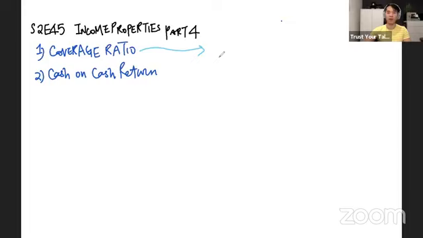And so, first of all, giving you the formula and the definition of it. Coverage ratio is when you take NOI, so your net operating income, and you divide it by debt financing on an annual basis, okay? Or debt financing or debt servicing rather.